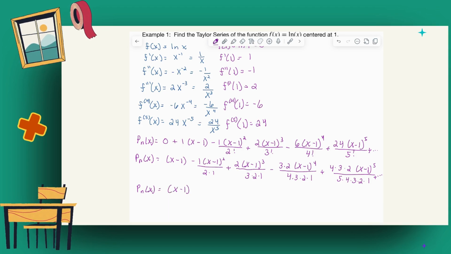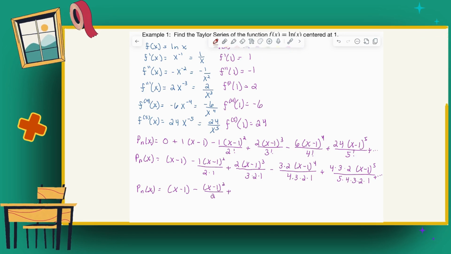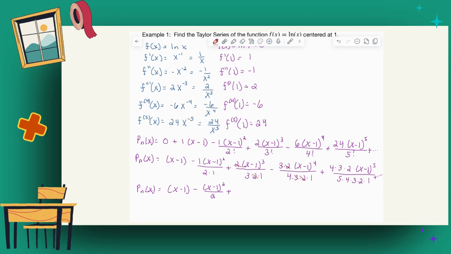Okay, let's simplify each term to see if we can recognize a distinct pattern. So in this third term, I can cancel out the 2 in the numerator and the denominator. And I can repeat that process on the other terms, simplifying this down to the following.